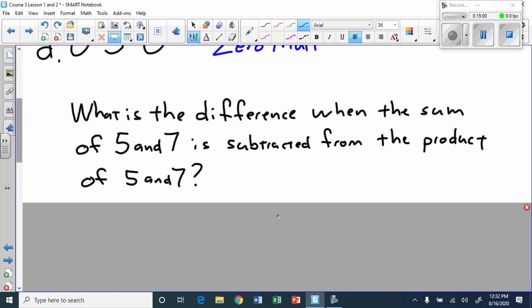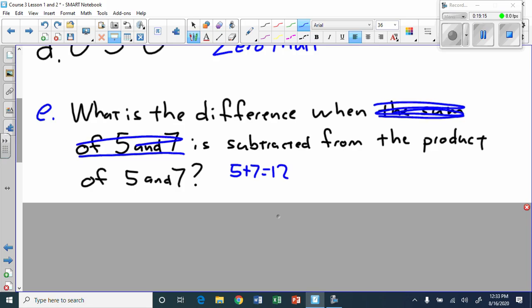So our next one, E, was what is the difference when the sum of 5 and 7 is subtracted from the product of 5 and 7? So here's my first problem, the sum of 5 and 7. 5 plus 7 is 12. So I'm going to get rid of this and write 12. Product is multiplication. 5 times 7 is 35.